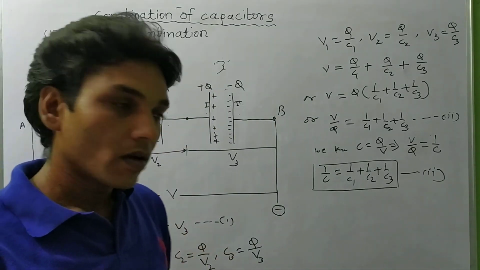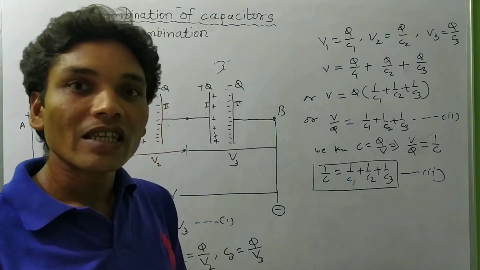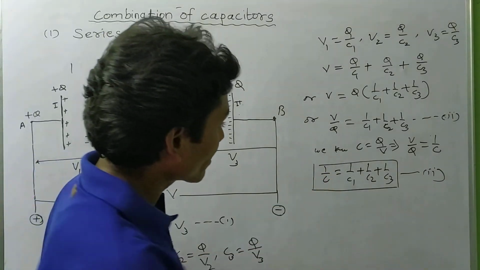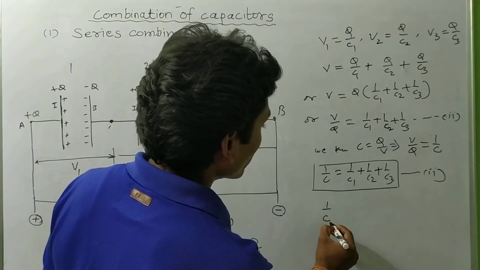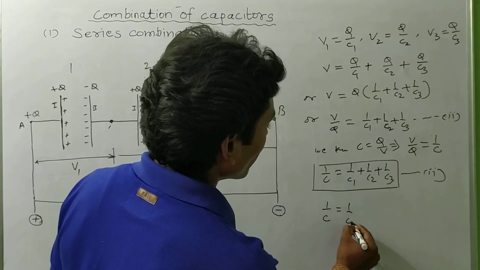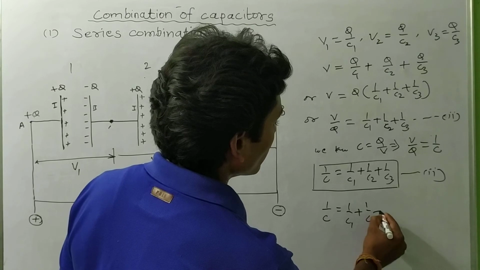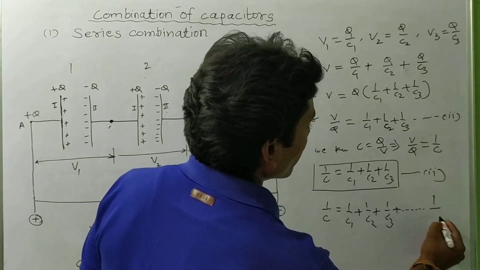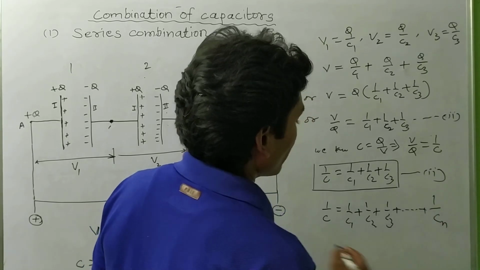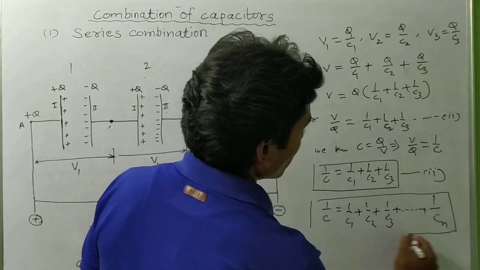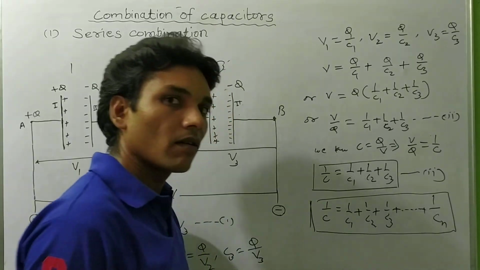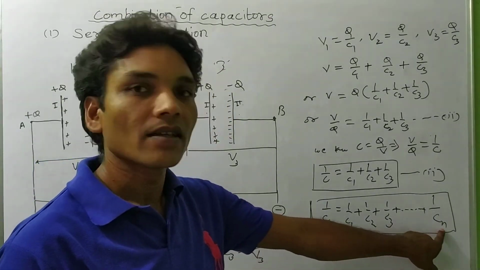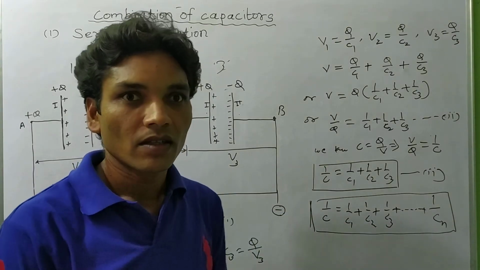If n capacitors are connected in series combination, then the equation will be 1 upon C equals 1 upon C1 plus 1 upon C2 plus 1 upon C3 and so on up to plus 1 upon Cn. This will be the required formula for the series combination of n capacitors. Okay, thank you.